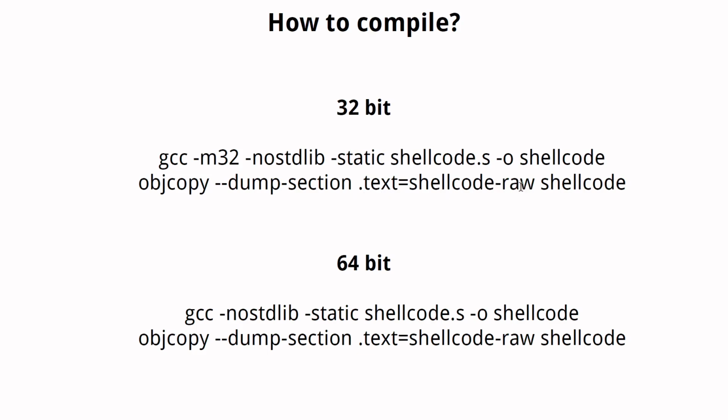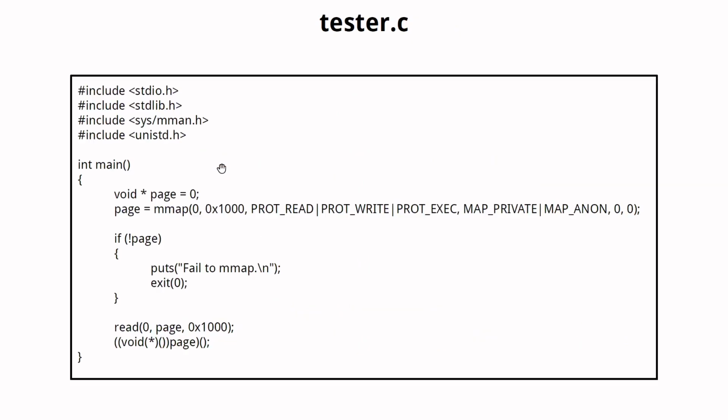Then you can get the pure machine instructions from your shellcode. Because you didn't use the standard library, there are no libc functions. The 64-bit version is almost the same thing, you just do not compile with -m32.